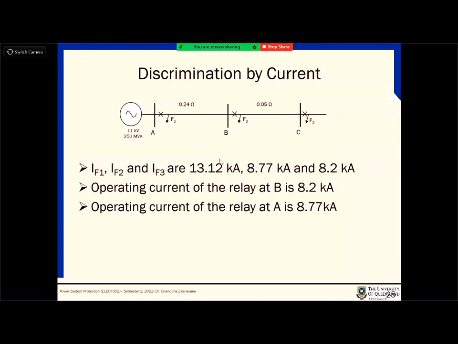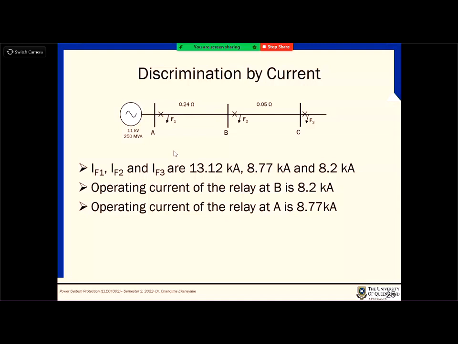You have three different faults here. Let's say the three different fault magnitudes are 13, 8.77 and 8.2, right? Now, instead of looking at the operating time, we are looking at the pickup current, because that is also a parameter you can change.